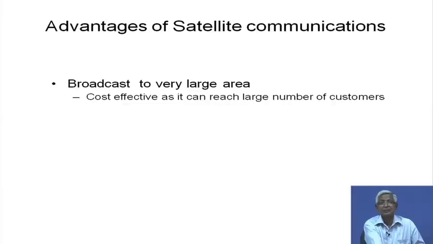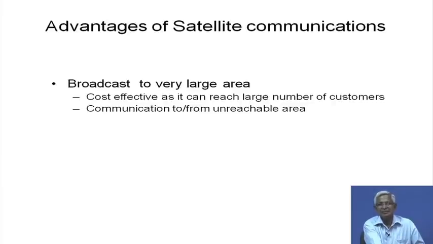You can remember the example of the tower that we mentioned earlier, where a large number of towers were required. Now it is only one tower, and it is a virtual tower. There is one more thing you can see, that communication is reaching the unreachable area. By unreachable, I mean that most of you are using mobile phones, cellular telephony.